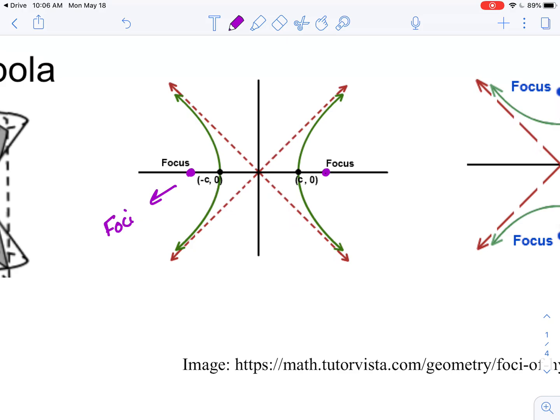I have a center. My center here is at the origin, and today all the ones that we're working with will have a center at the origin. I have vertices. So I have two vertices here, kind of like the vertex of a parabola.